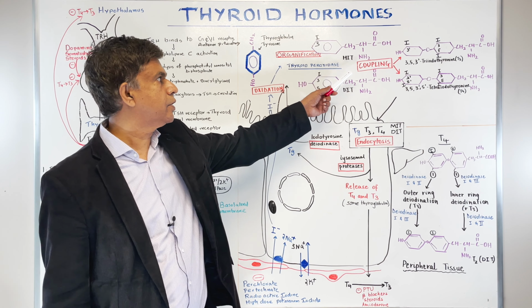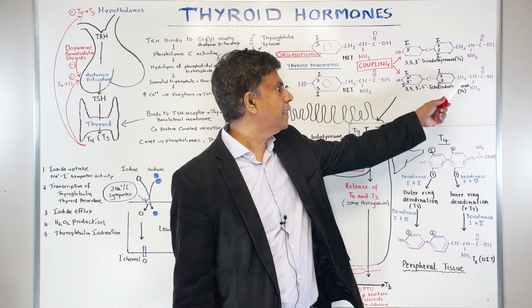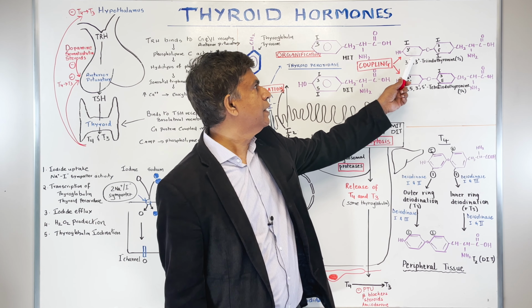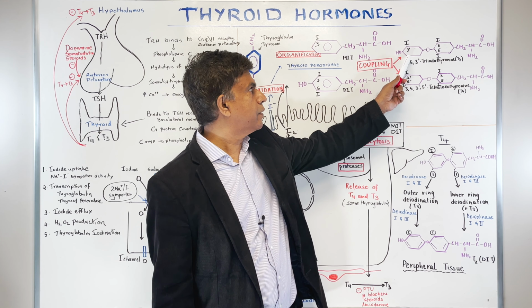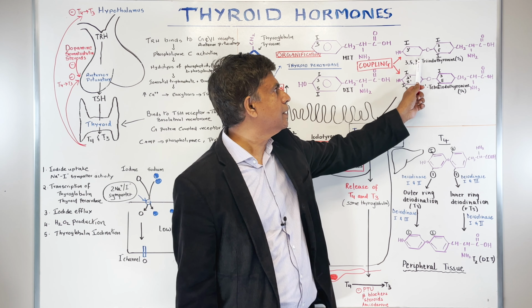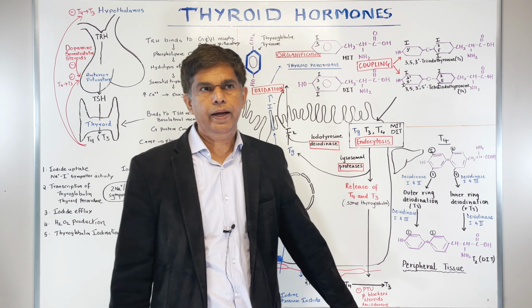Remember that, okay? And then the next big step is the coupling. Thyroid peroxidase also helps in the coupling. So what happens in the coupling? You get T3 and T4 formation. In the coupling, first you have monoiodotyrosine and diiodotyrosine forming 3,5,3'-triiodothyronine, which is T3. Okay, remember that.